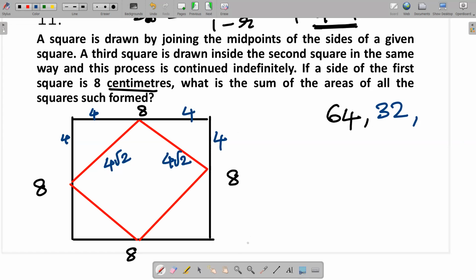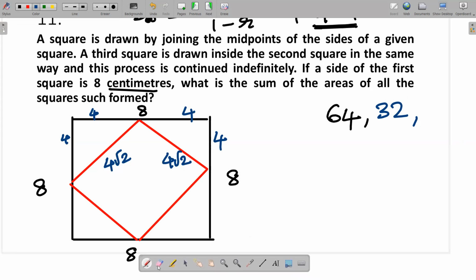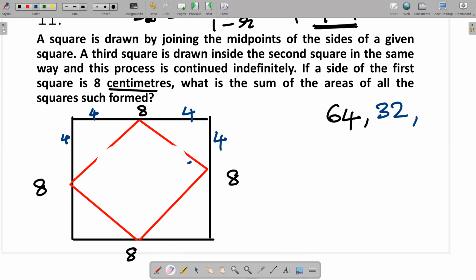Continuing in this pattern, as indicated in the question, if I draw the third square by joining the midpoints of the second square, then looking at this pattern, the area of that third square will be half of 32, and that corresponds to 16.